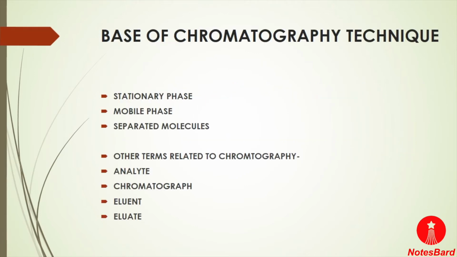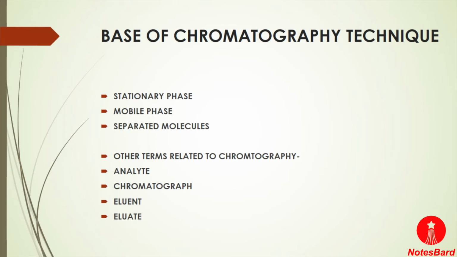Now let's understand the terms used in the chromatography technique. As we discussed in the earlier slide, there are two different phases used in chromatography: the stationary phase and the mobile phase. The stationary phase is the substance which is fixed in place, like the silica layer or the chromatography paper in paper chromatography.